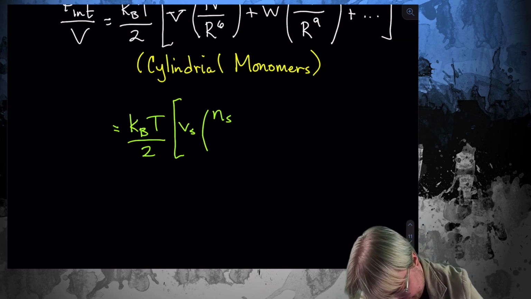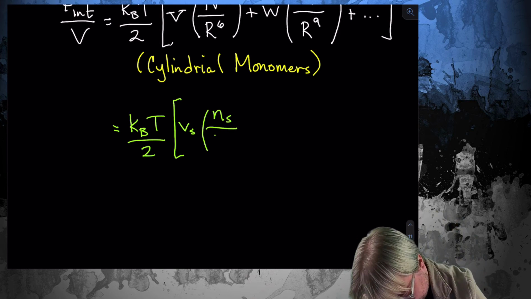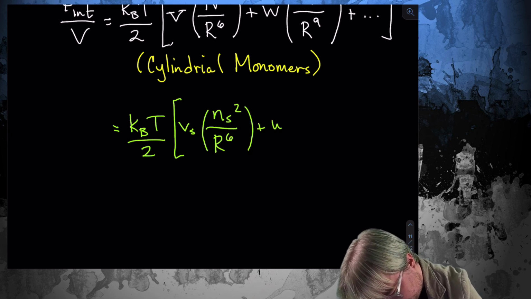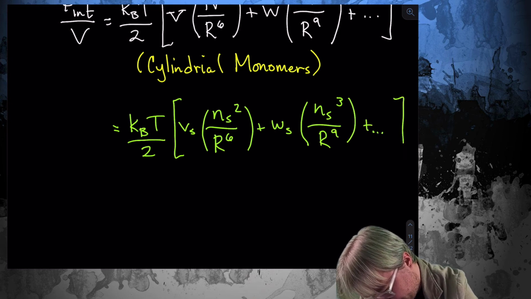So we've got NS squared divided by R to the 6th, plus WS times NS cubed over R to the 9th plus dot, dot, dot.